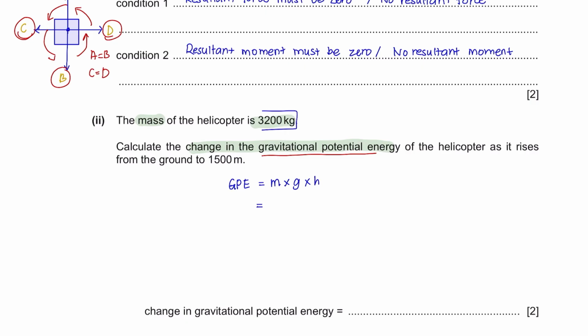The mass is given here at 3,200 kilograms. g is the acceleration of free fall, 9.8 meters per second squared, and h is given as well, which is 1,500 meters. So it is giving a value of 4.7 times 10 to the power of 7 joules. Do not forget to write your units in joules.